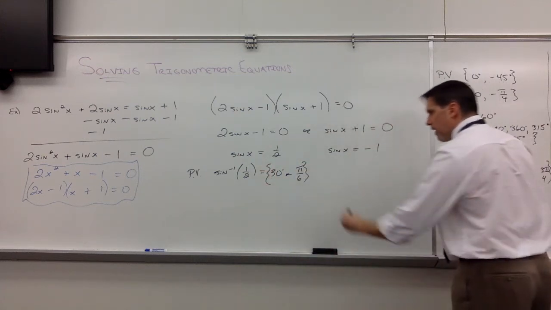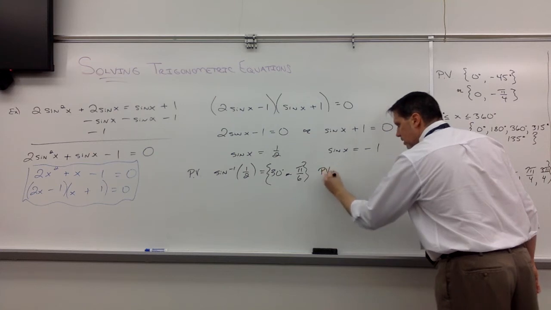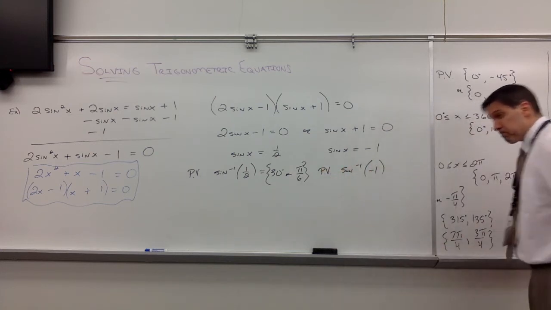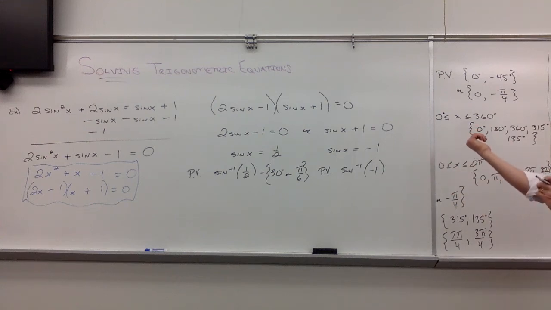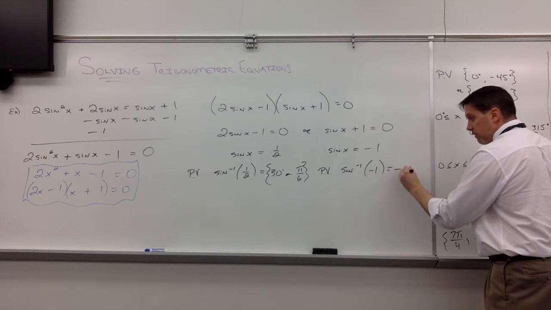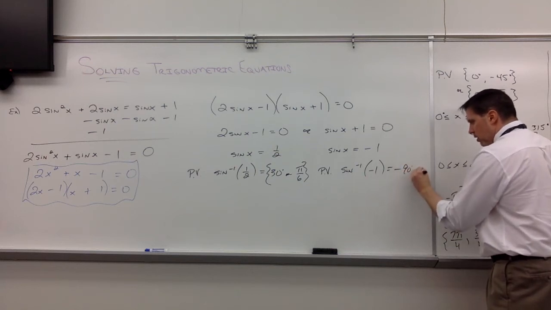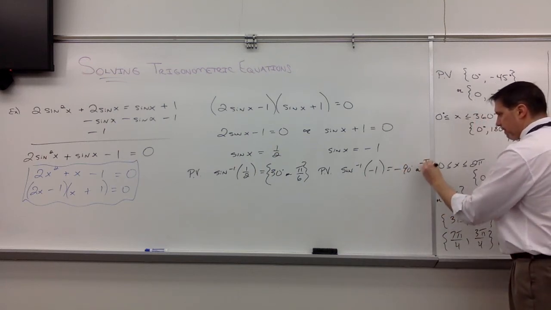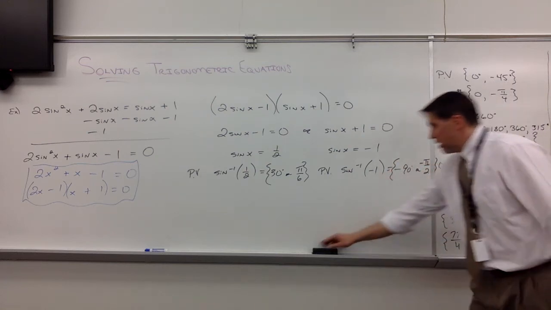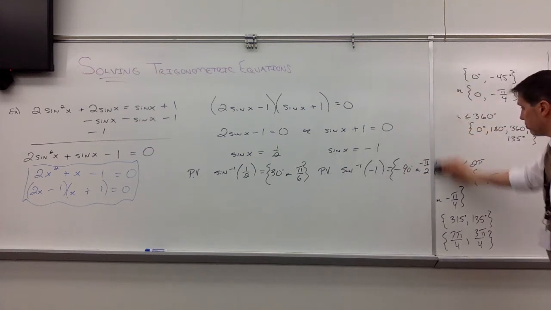If we do principal value over here, sine inverse of negative 1, we're going to probably have to go to our graph. This is quadrantal, but we will get negative 90 degrees or negative pi halves. I can fit that in, I think. Right? And these are our principal value solutions.